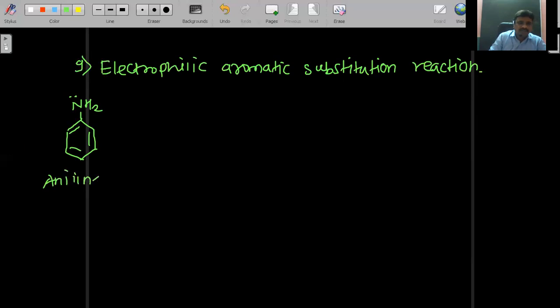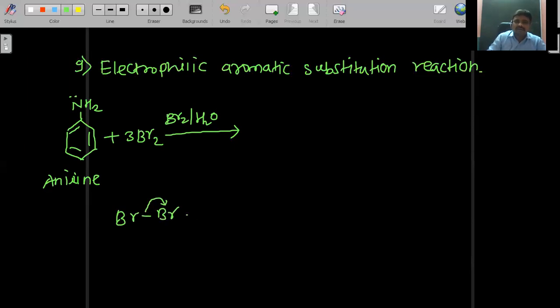This aniline reacts with bromine. Bromine means Br2. Okay, so this Br2 is taken as bromine water. So what happens here? This bromine Br2 means Br bond Br undergoes heterolytic fission.